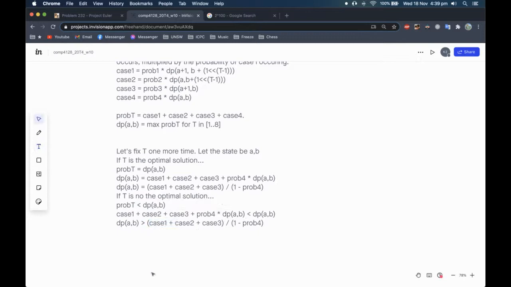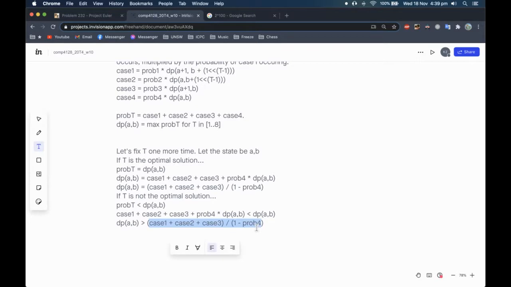So what does this tell us? Well, it means that if t is the optimal solution, then dpAB is going to be equal to this calculation. If t is not the optimal solution, then dpAB is going to be larger than this thing that we calculate.